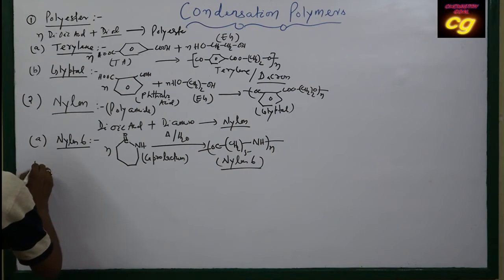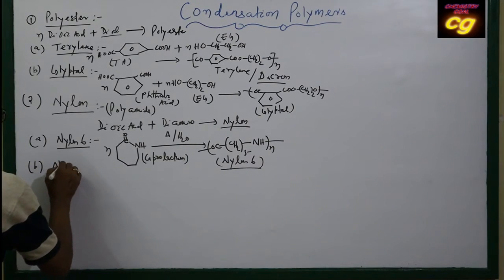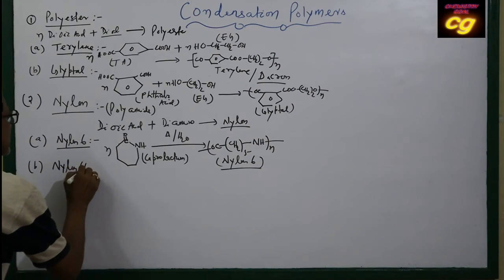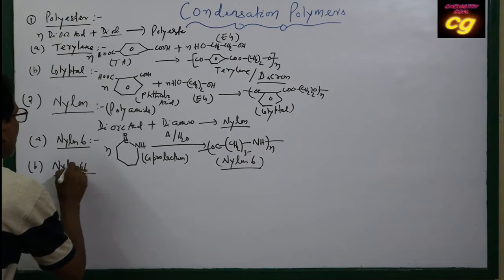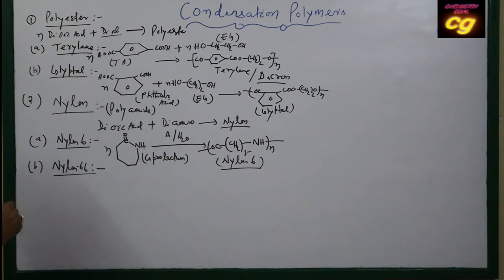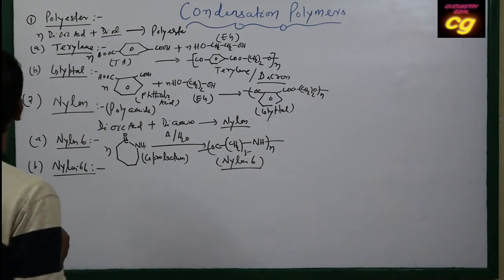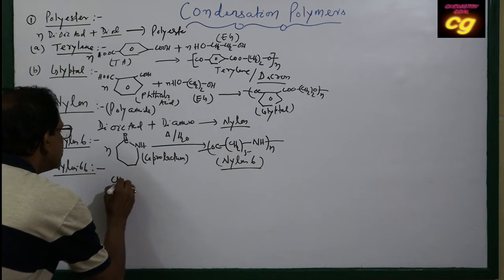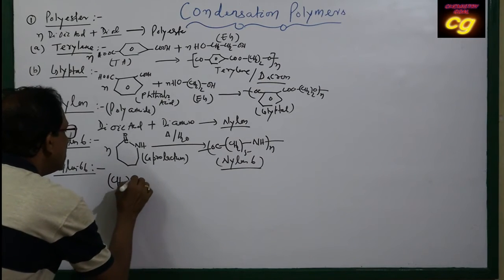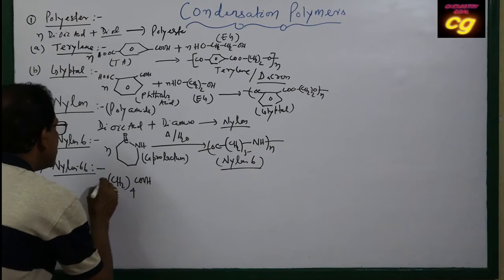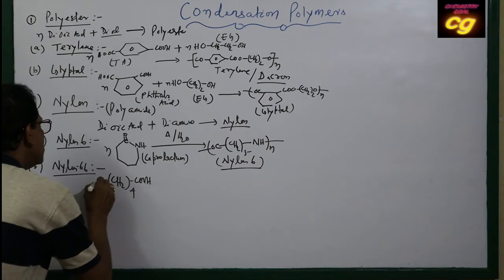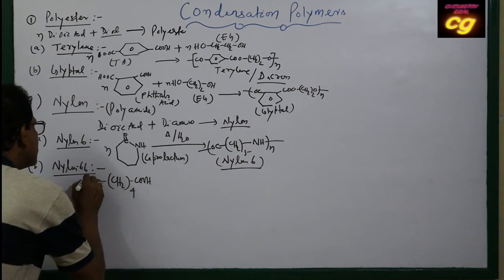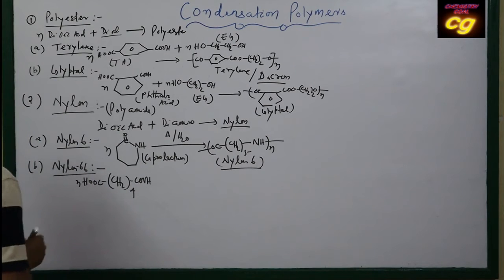Another example is nylon 66. Nylon 66 is a copolymer. One is adipic acid, an example of (CH2) whole 4 with COOH and COOH at the ends.